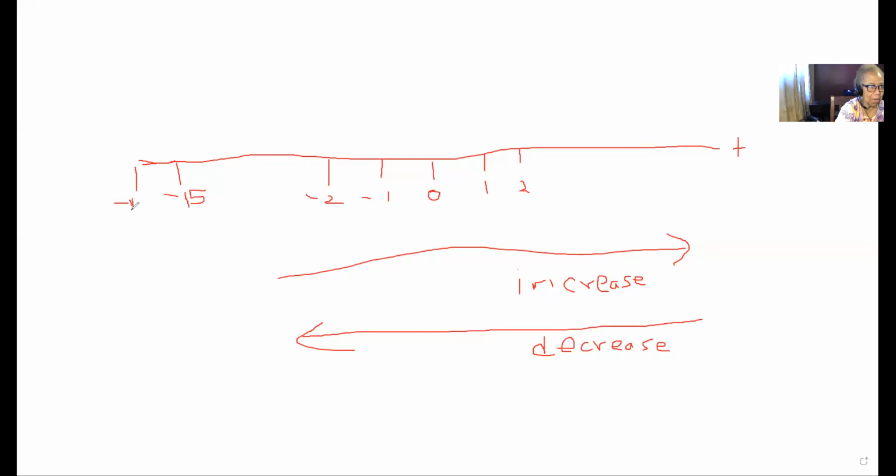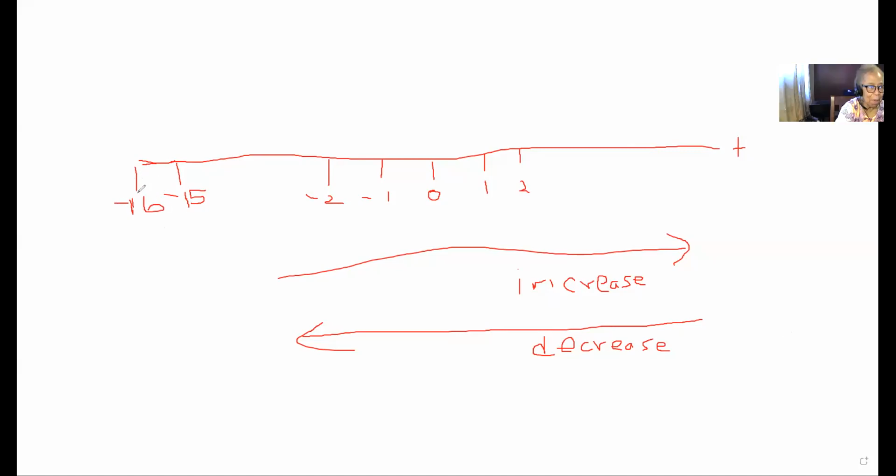Maureen, which one is bigger? This one or this one? This one, 16. You said the 16 is bigger? Yeah. But notice I said from this direction to this direction is a decrease. So that means a minus 16 is smaller than a minus 15, right?